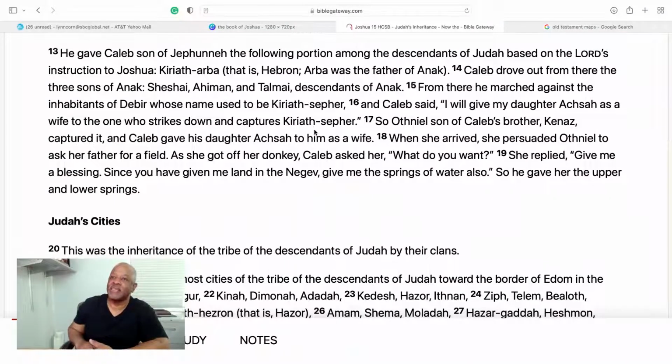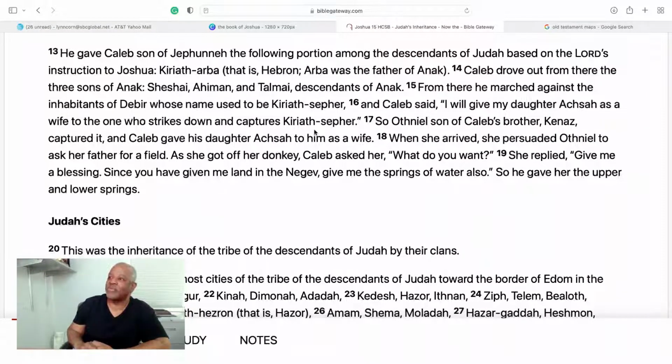It says, "And he gave Caleb, son of Jephunneh, the following portions among the descendants of Judah based on the Lord's instructions to Joshua: Kiriath Arba, that is Hebron. Arba was father of Anak.